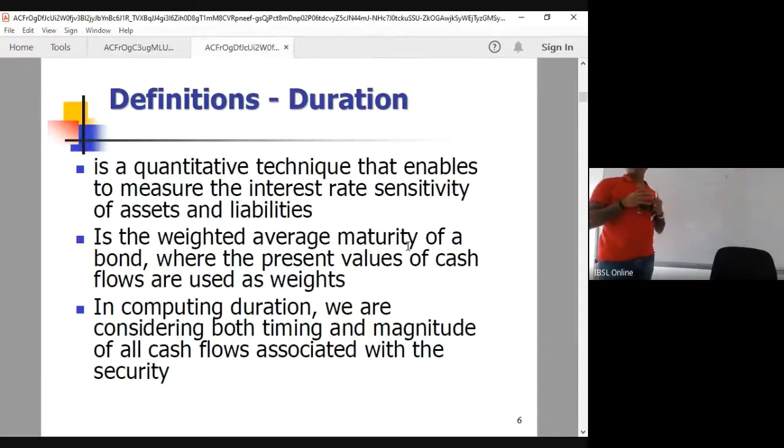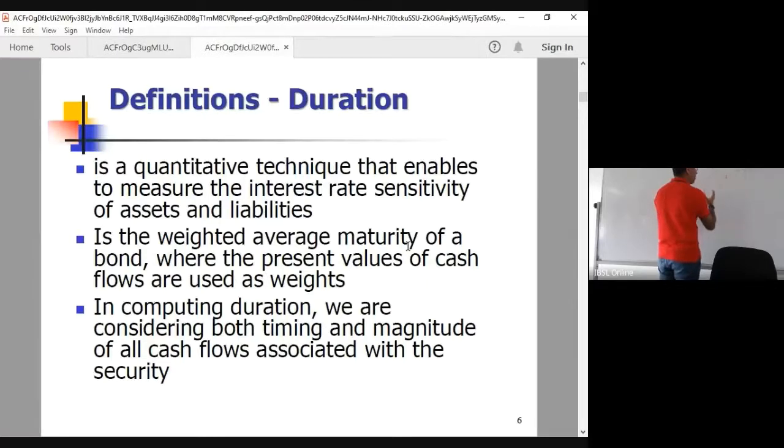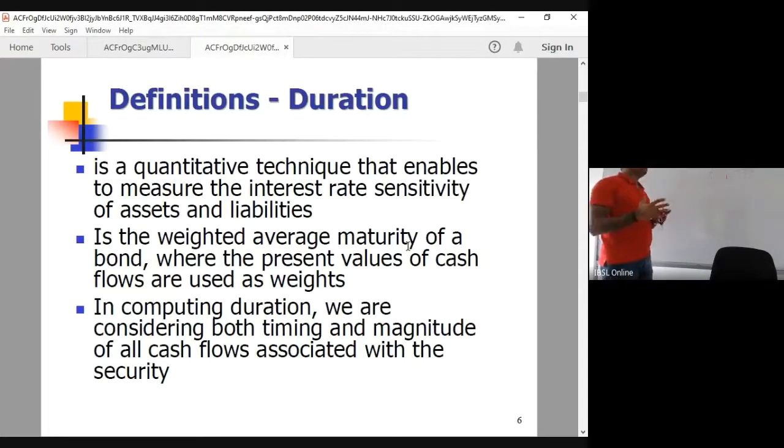So what you're trying to get from duration is to calculate, based on the cash flows, how much of the cash flows and when you're getting them, what the exact timing or the maturity of that particular security is. To do that, of course, you have to use present value terms.